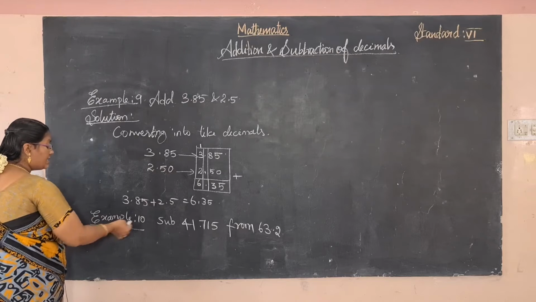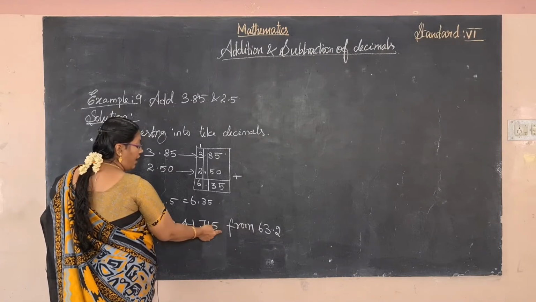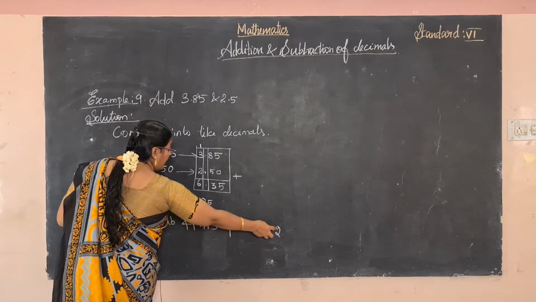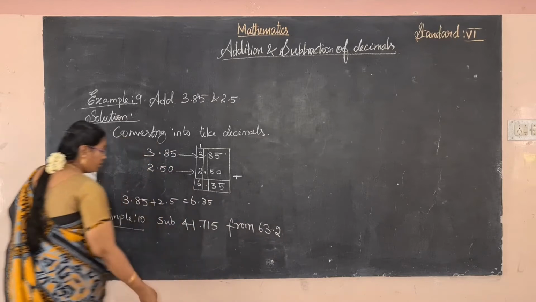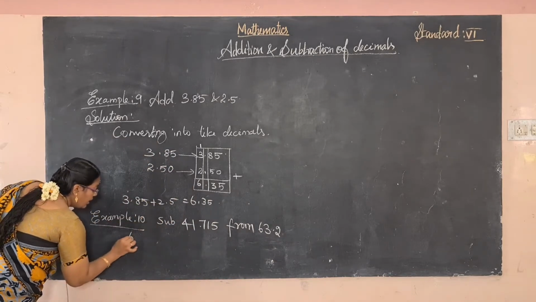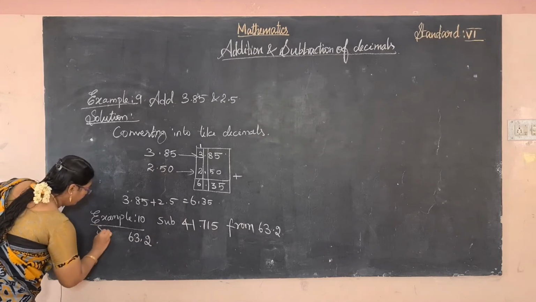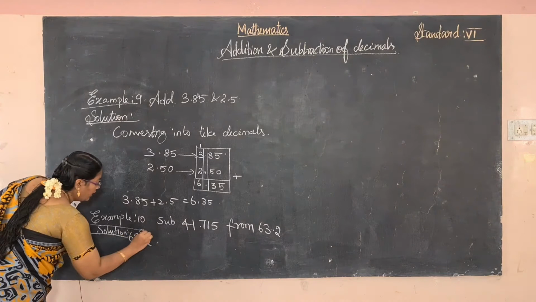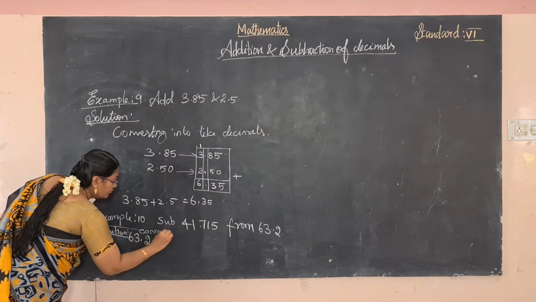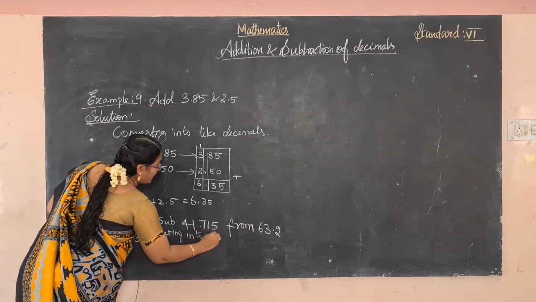See example 10, subtract 41.715 from 63.2. So first we change them. Solution: converting into like decimals.